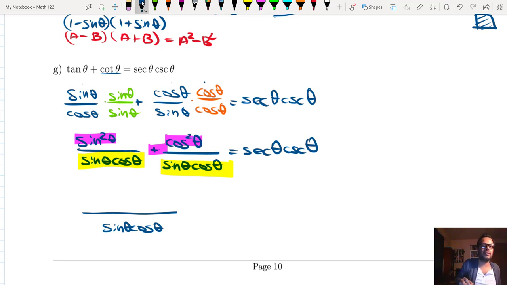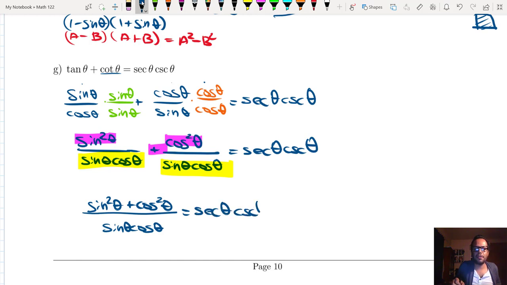Where have we all seen this? Sine squared theta plus cosine squared theta equals secant theta cosecant theta. You might want to replace this with 1 because sine squared plus cosine squared equals 1.